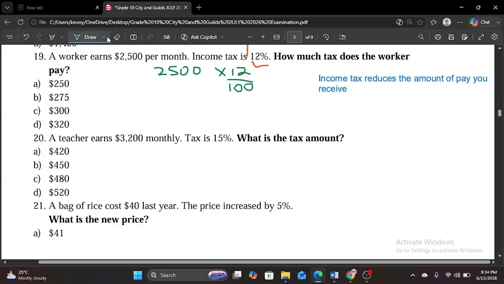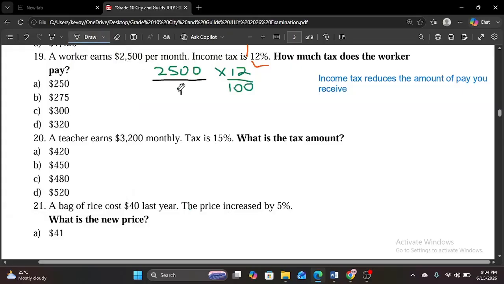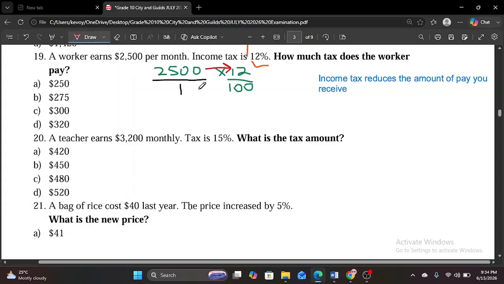All right, so first thing we do, as I said before, we put the number over 1 to change it into a fraction, and numerator times numerator, denominator times denominator. That's going to be equal to, so 12 times 25 is going to be equal to 300. So we have 300. And we put those 2 zeros beside it as well.